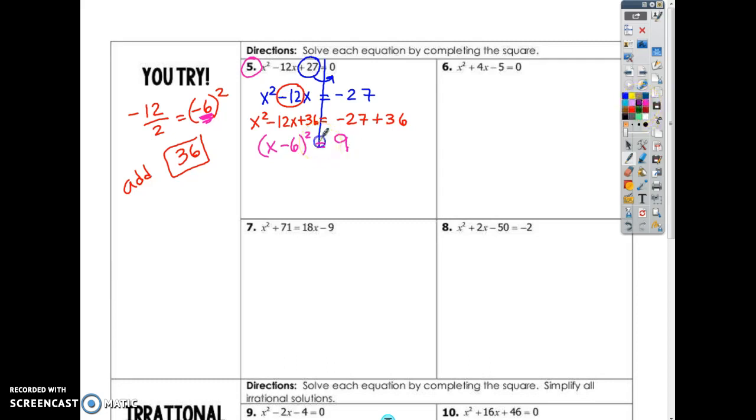And then you finish it off. Take the square root of both sides. This goes away, so it's x minus 6 equals plus or minus 3. Move the negative 6 over, change the sign. Is 6 plus or minus 3.